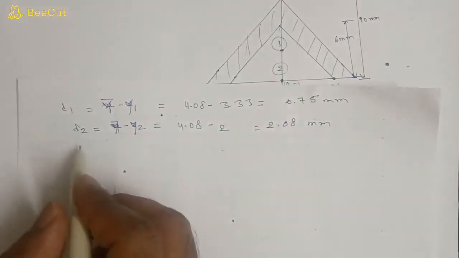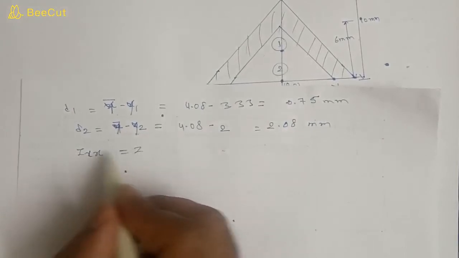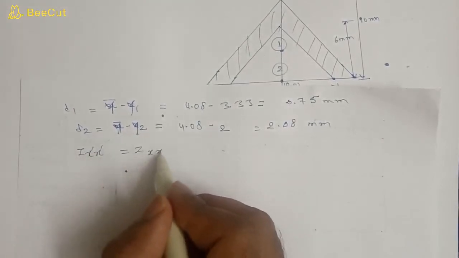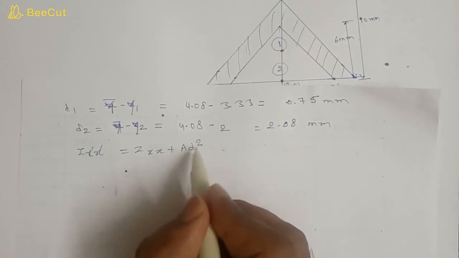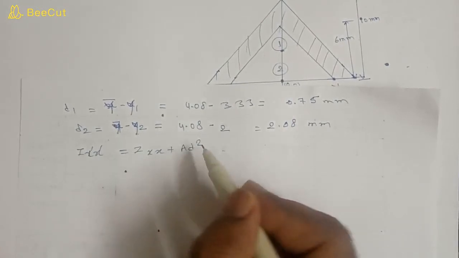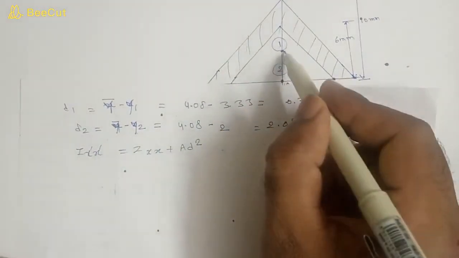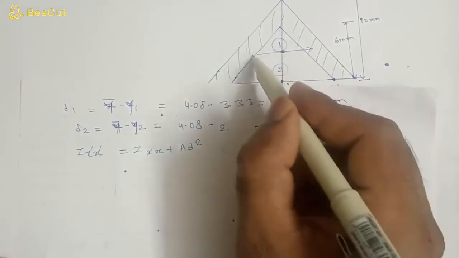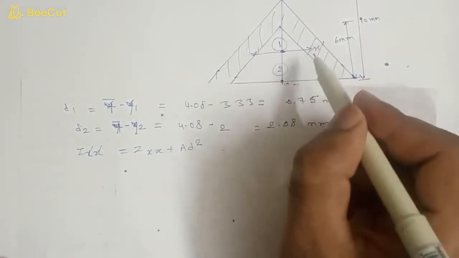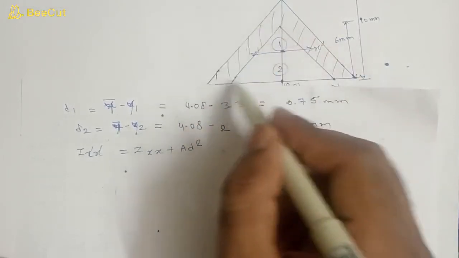Now you know from the parallel axis theorem that I about xx is equal to I about the centroidal axis plus A d square, where A is the area and d is the distance between the centroids. Suppose this is x dash and xx is the centroidal axis of this larger triangle.